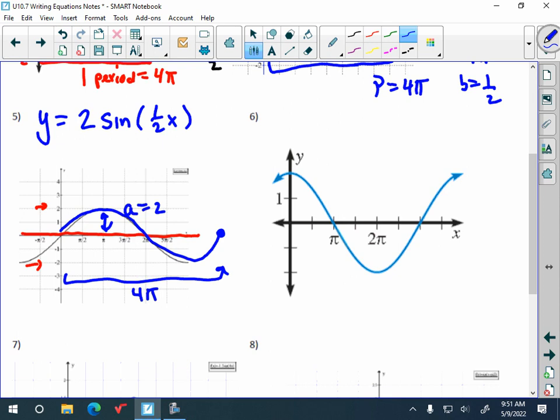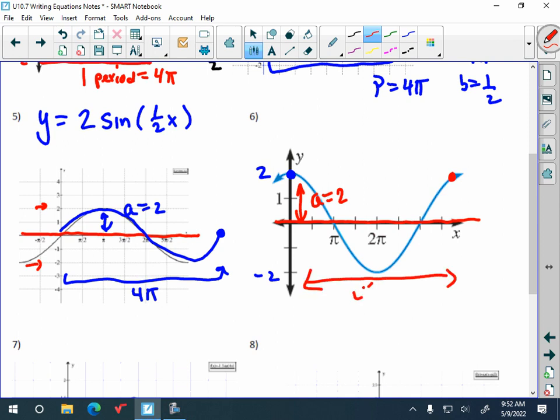All right, number 6. Our highest is 2. Our lowest is -2. It's starting high on the y-axis, so that means that this is a cosine graph. We can see the midline again is the x-axis. No vertical shift. Our a value again is 2. One complete cycle starts high, ends high.